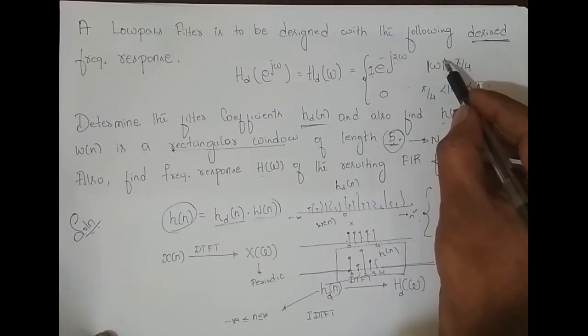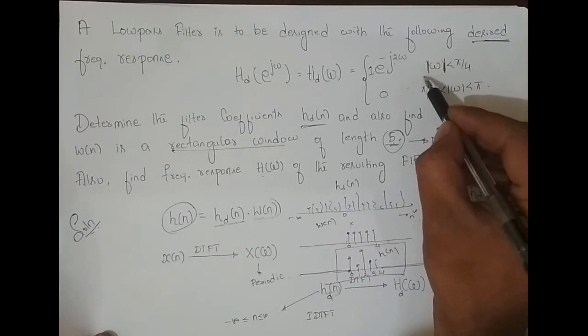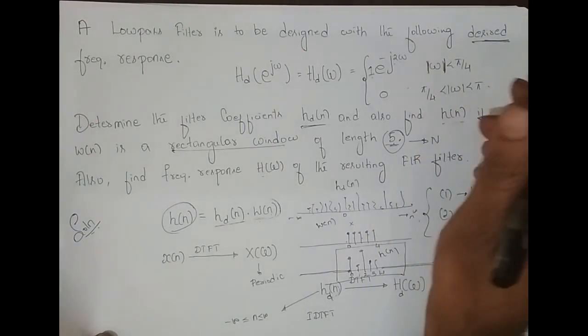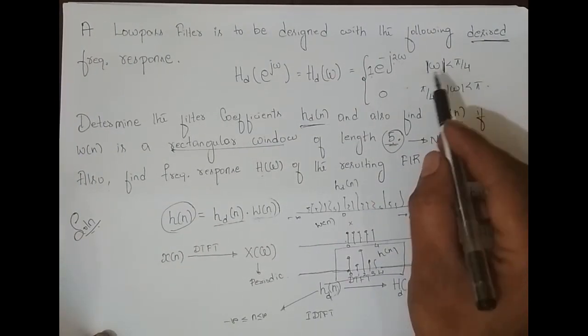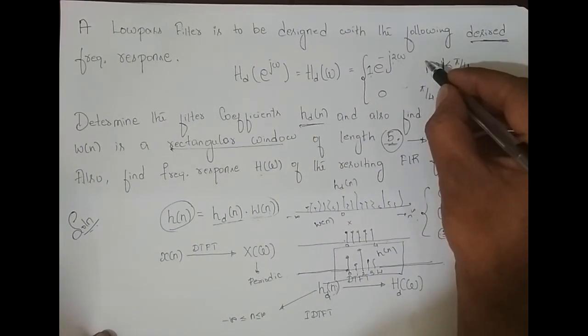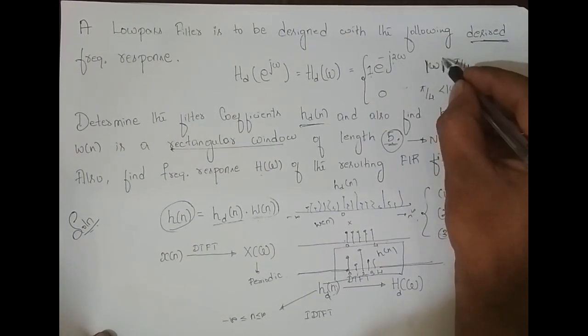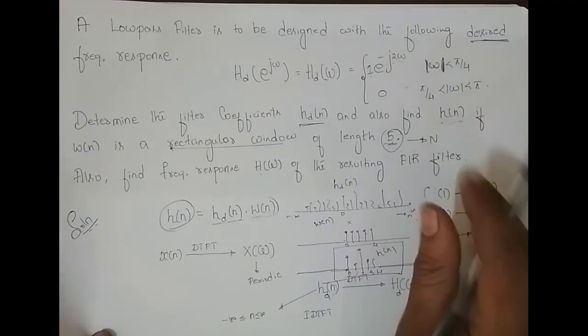I have to consider both the positive side as well as the negative side. Don't get confused. Usually magnitude means considering only the positive side, but in this particular case, whenever he gives the specification for omega in terms of magnitude, you have to consider both sides.